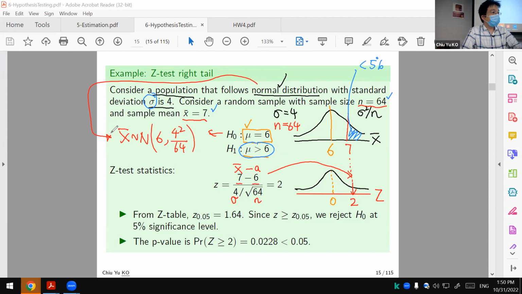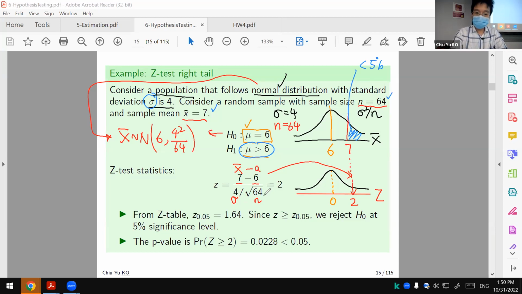This is what you learned in the last 2 weeks. Then that's why you can transform this: you minus 6 over the square root of the variance, because this is the sigma over root n, just 4 over 64.